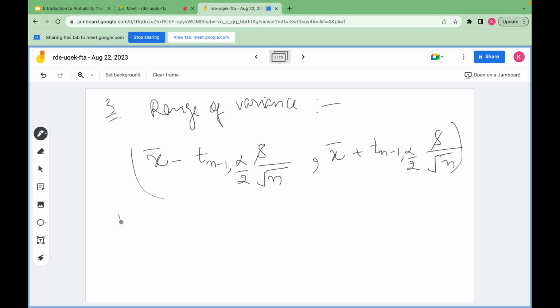In the question we are asked about the rightmost point of the range. The rightmost will be this.